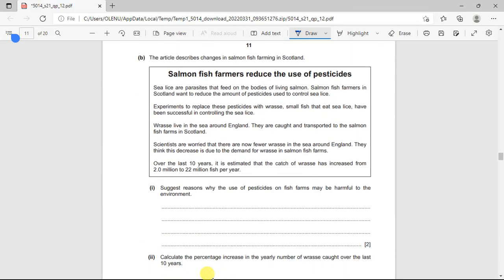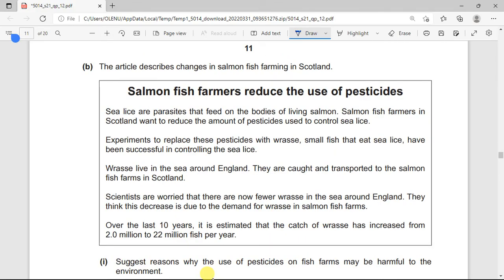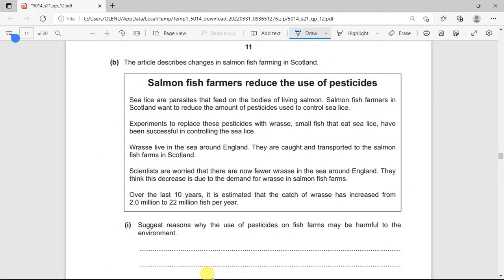Now we have another question. The article describes changes in salmon fish farming in Scotland. Salmon fish farmers reduce the use of a pesticide. Sea lice are parasites that feed on the bodies of living salmon.